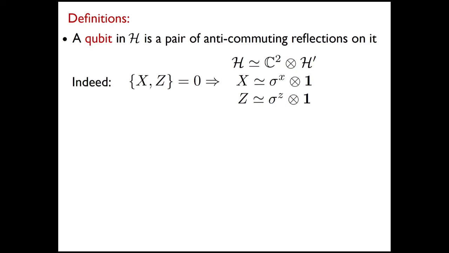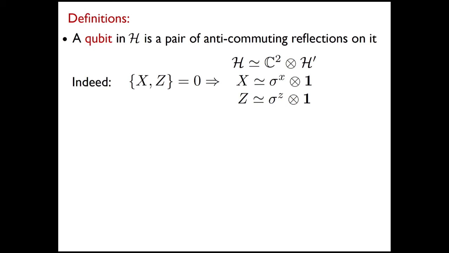Indeed, starting from an anti-commuting reflection pair, you can prove an isomorphism between the space and a space with tensor product structure. Under the same isomorphism, X is equivalent to the standard Pauli X, and Z is equivalent to Pauli Z, which is quite the standard definition of a qubit.